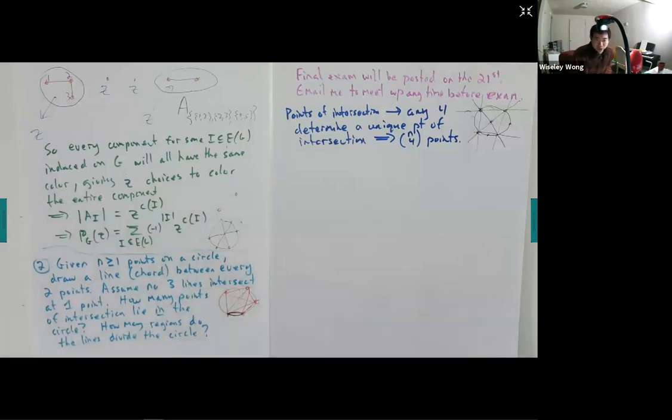The harder part is looking at the number of regions. I briefly mentioned last time that whenever you're drawing these lines, whenever you have an intersection, we're going to create a vertex. So if I look at the circular region inside, I can now convert this into a planar graph.